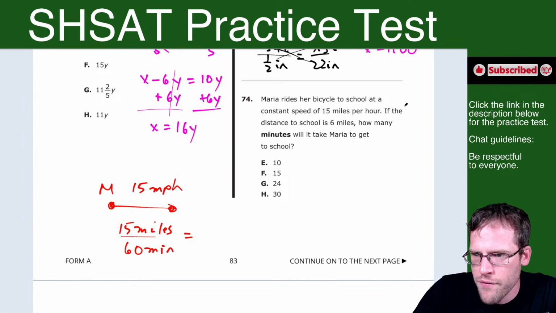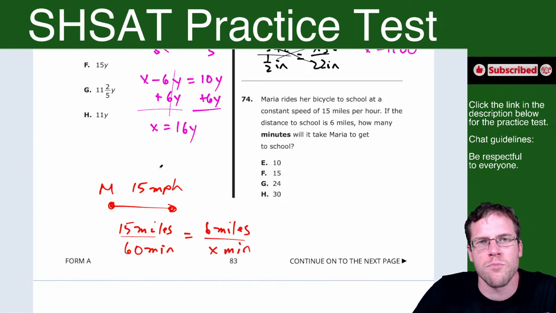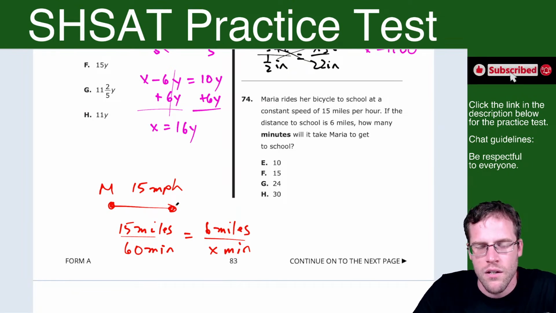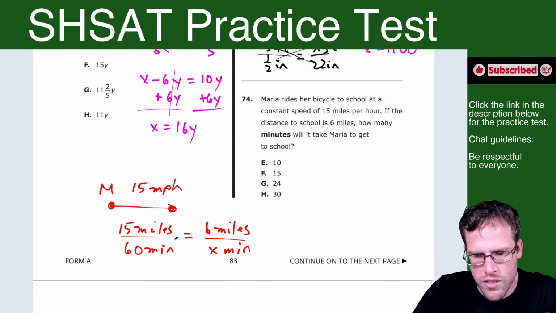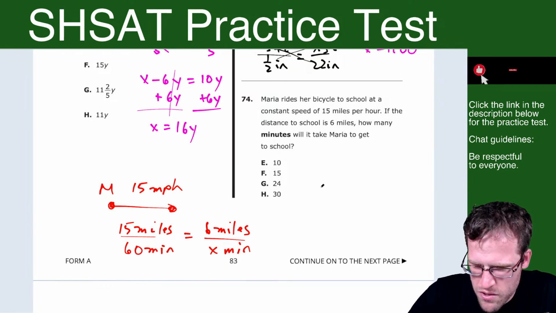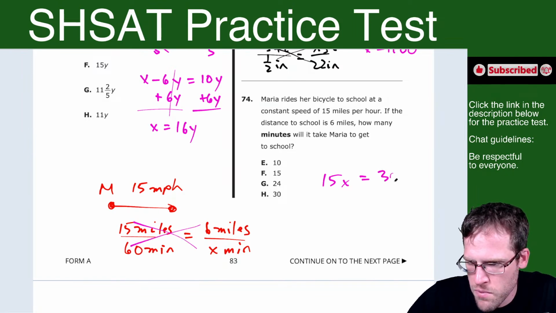So if the distance to school is 6 miles, then how many minutes? You could always express miles per hour as miles per 60 minutes. Just a nice little trick to know. So I guess we could just do the algebra. 15x equals, do 6 times 6 is 36, and then just put a 0 at the end.